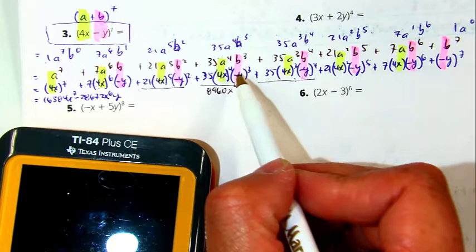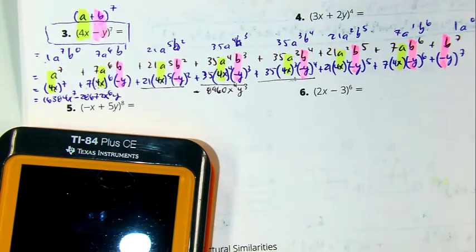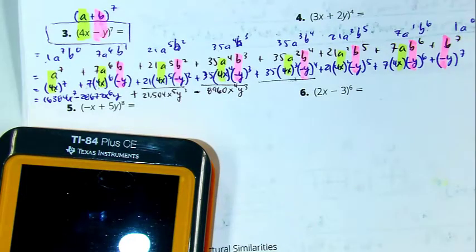Oscar, did you get yours? Answer? 21,504 x to the 5th power y squared. Positive or negative? Positive. Good. Angel C?